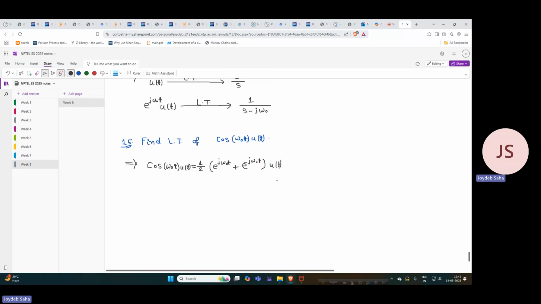We have the Laplace transform of e to the power j omega 0 t, and also the Laplace transform of e to the power minus j omega 0 t.